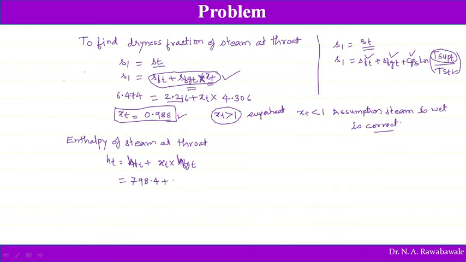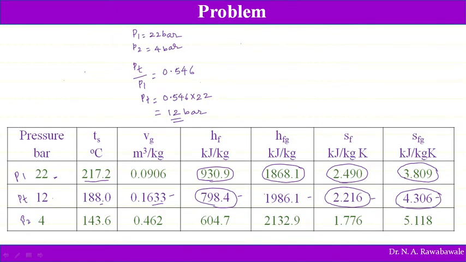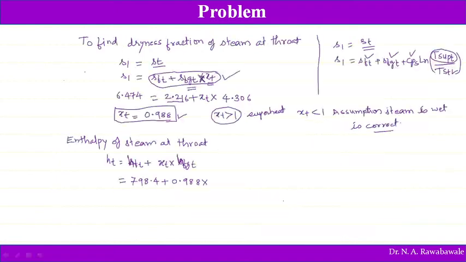798.4 plus of XT is 0.988 into HFGT. HFGT is 1986.1. So at throat pressure, HFGT is 1986.1.